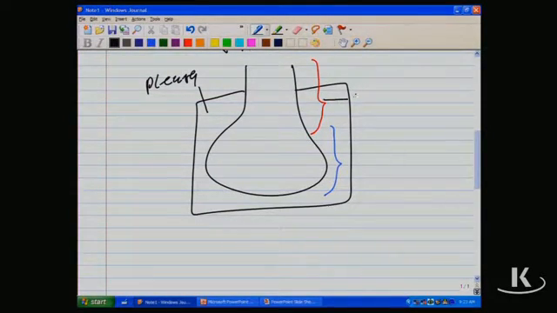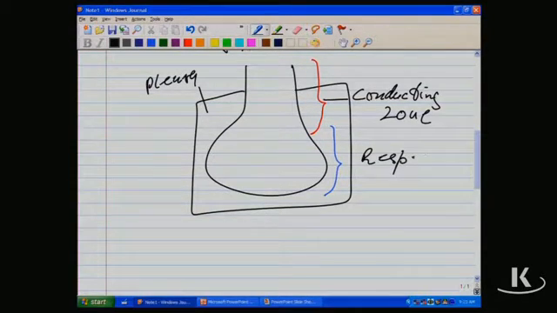First, the conducting zone and the respiratory zone. The conducting zone consists of the airways, the bronchus, the bronchiole, trachea, all the way out the nostrils. This is the airways, the conducting zone.